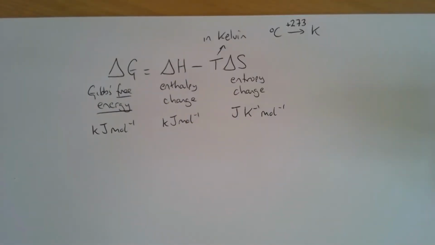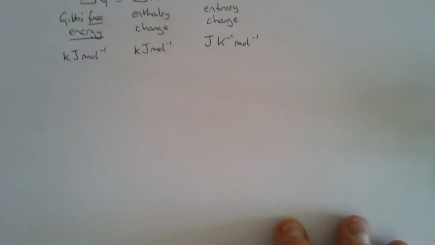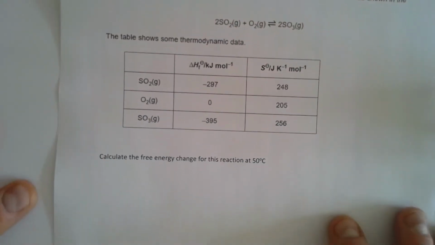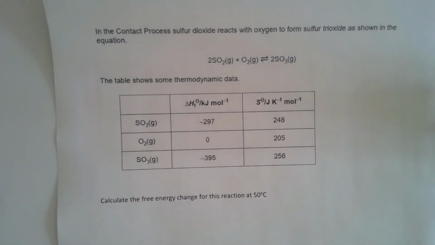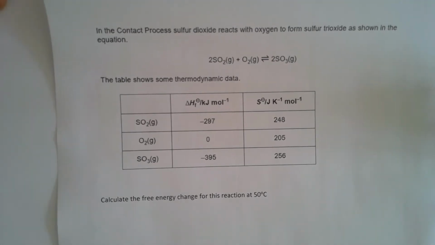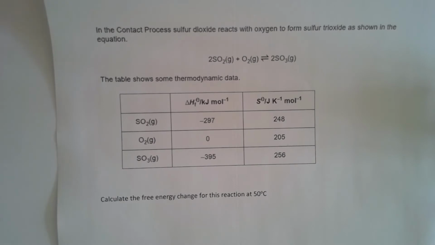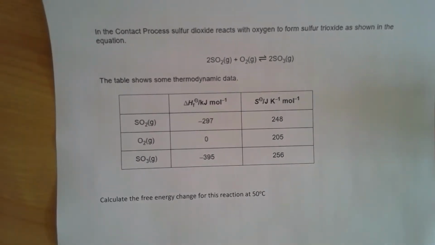So the easiest thing for us to do with this is to simply work through an example. So here's my example. I'll leave that there for a moment just for you to have a look at it. So let's work out the stages that we're going to need to go through.